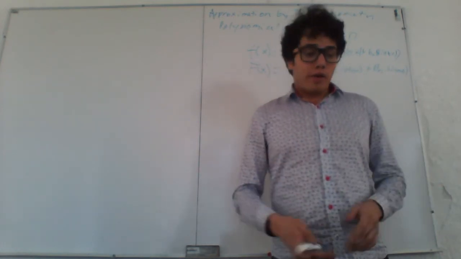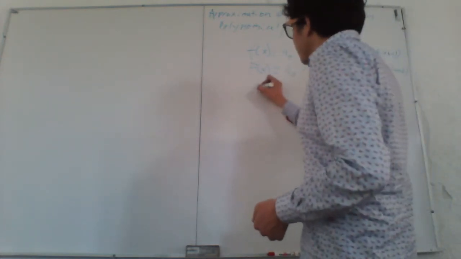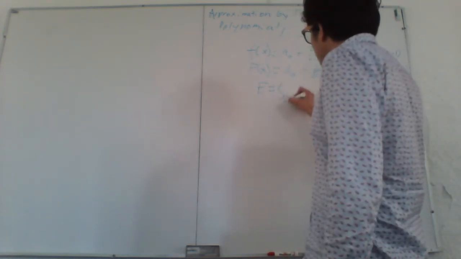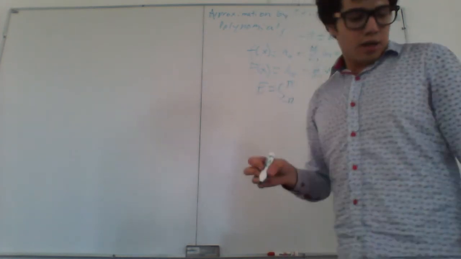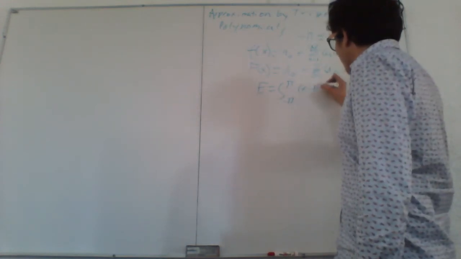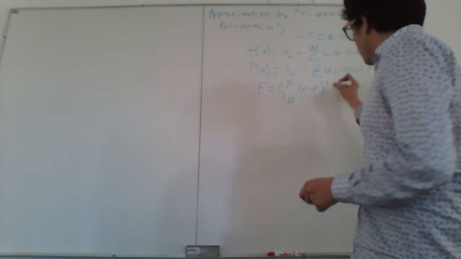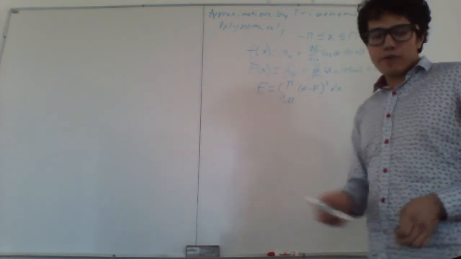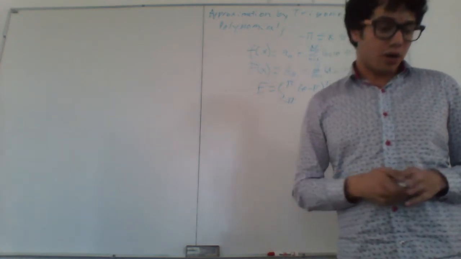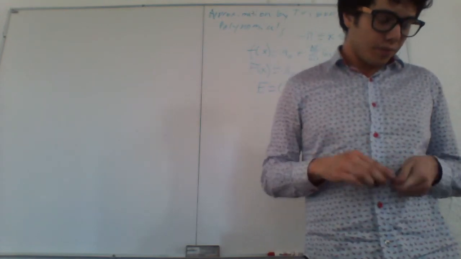and a smaller error. So we are going to calculate the error, which equals the integral from minus pi to pi of (f minus capital F) squared dx. That's the formula of the error.